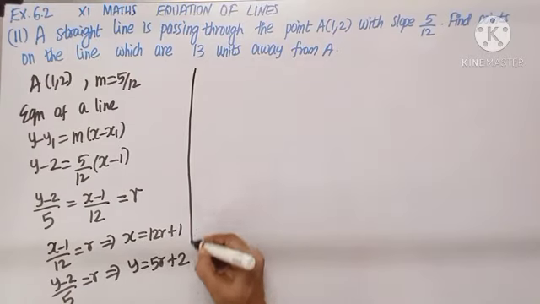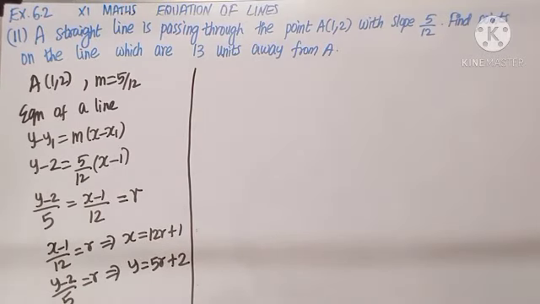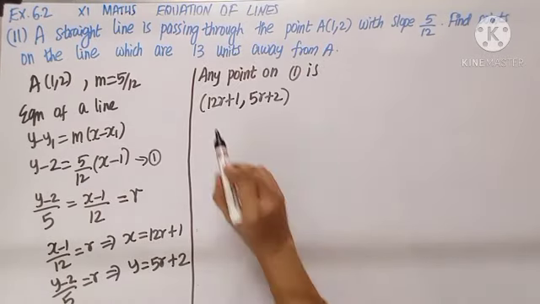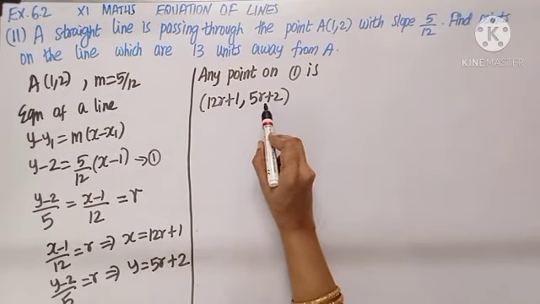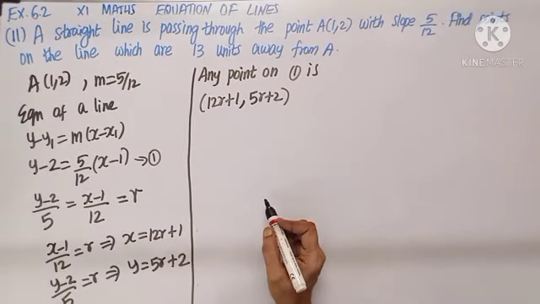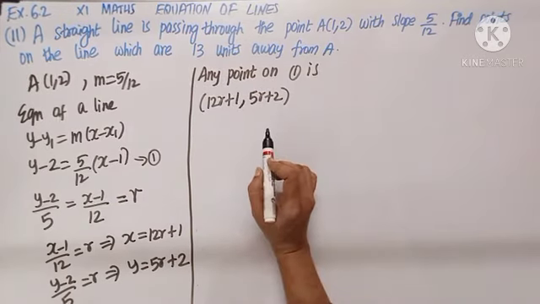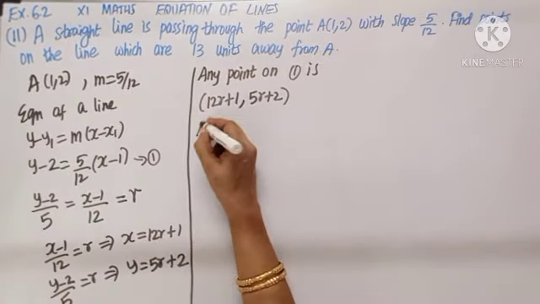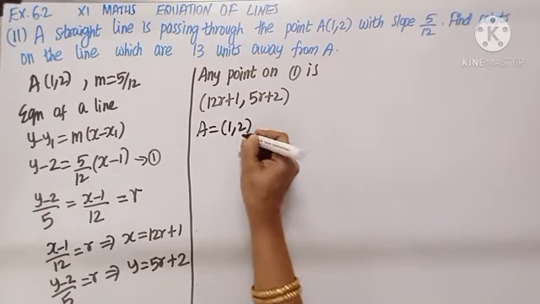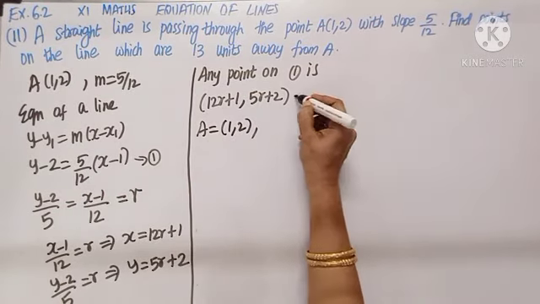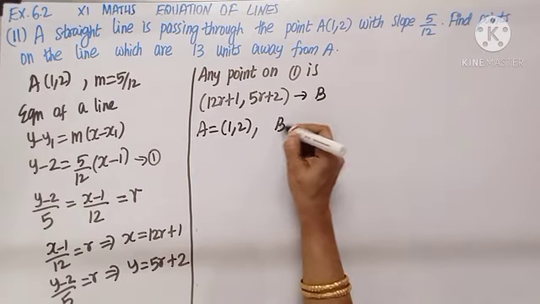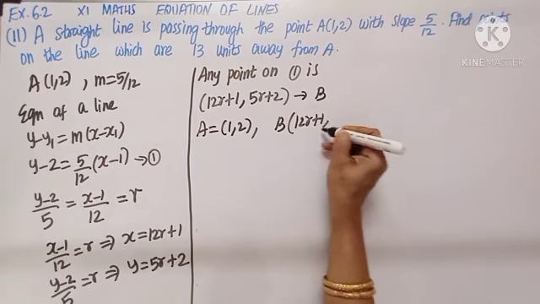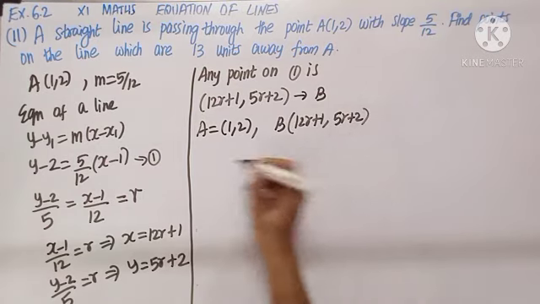So any point on the line is (12R plus 1, 5R plus 2). My question is about a point 13 units away. What is A? A is (1, 2). Consider this point as B. So what is B? (12R plus 1, 5R plus 2).